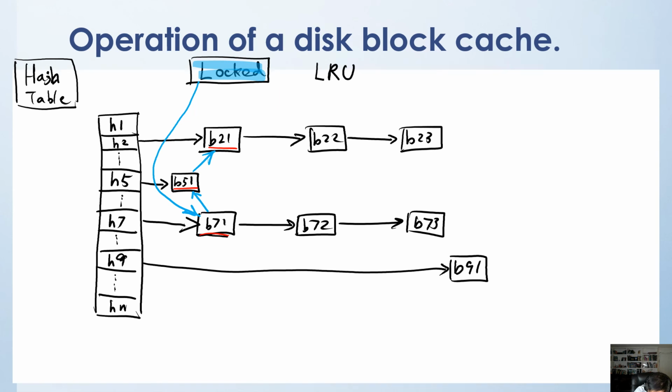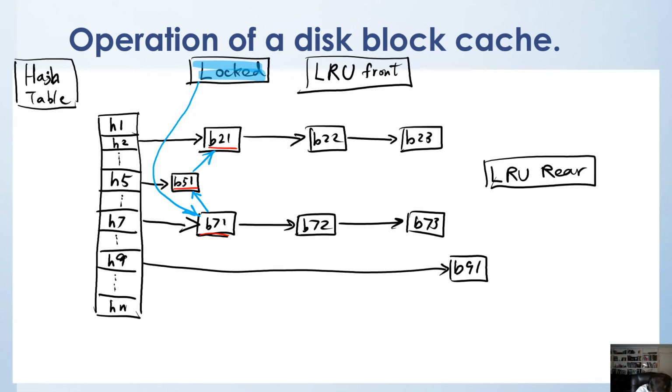Since it's a doubly linked list, there's an LRU front and also an LRU rear. I use, let's say, the green color to represent the LRU list.